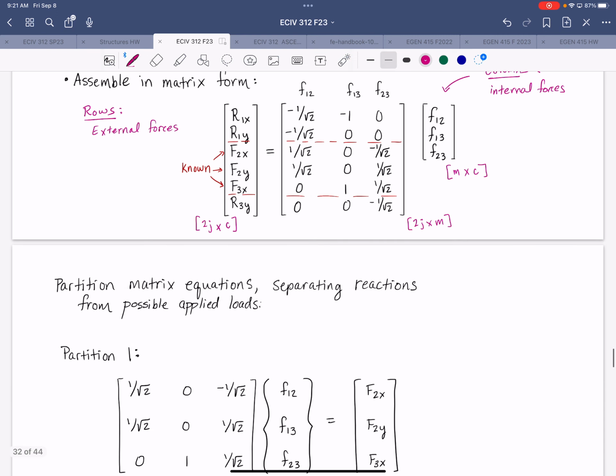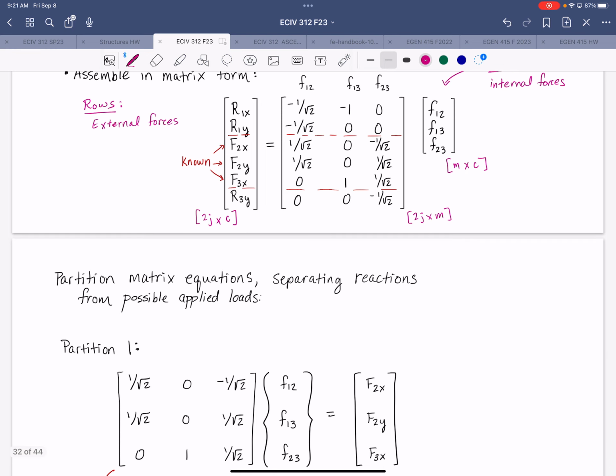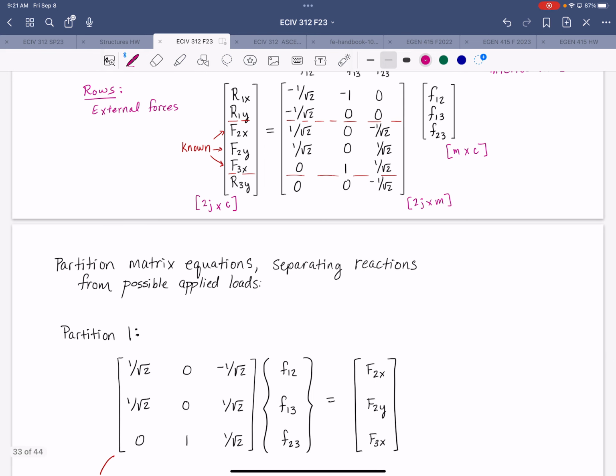Since the reactions are all unknown, our first partition would be using the rows that have known forces.